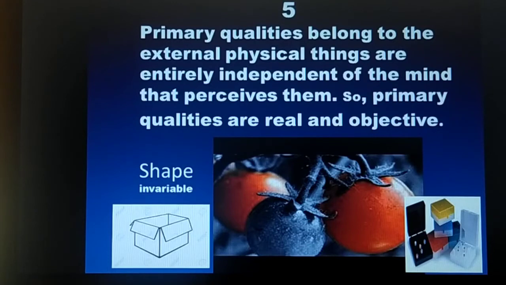But the differentiation between the shape and the color of the tomato is that the color can be changed from green to yellow, or yellow to reddish, and so on. Even if the color is removed, the shape is there, but the color disappeared.